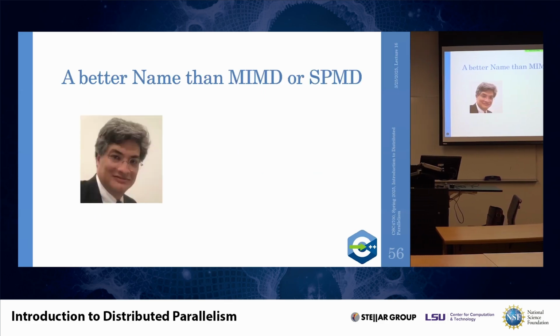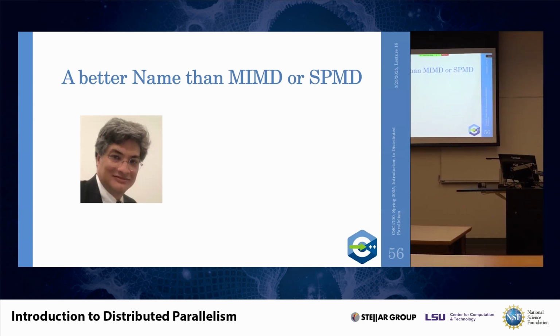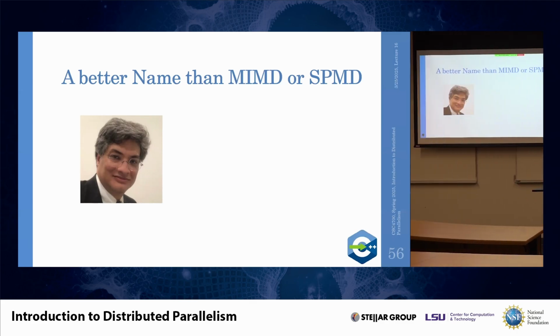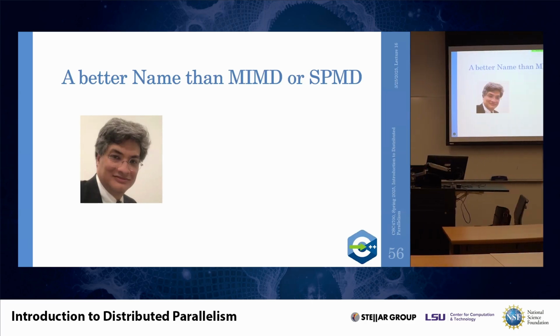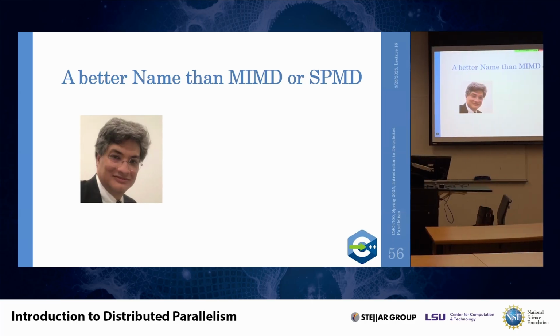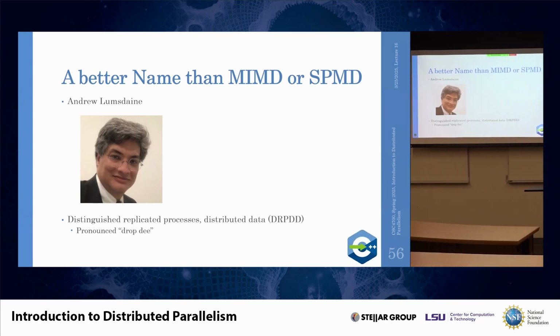By the way, anybody knows that guy? You know him? Okay. Anybody else? This is Mr. C++ Graph, the author of the Boost Graph library, one of the most erudite people in graph computing, Andrew Lumsdaine, good friend of mine. He came up with a better name for all of that.